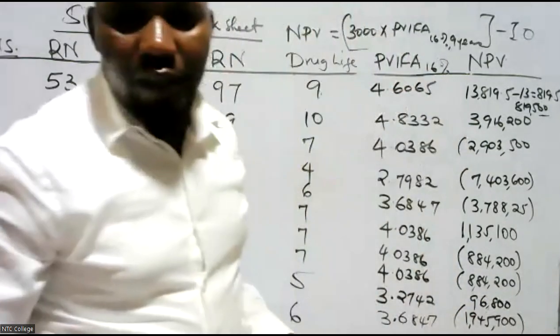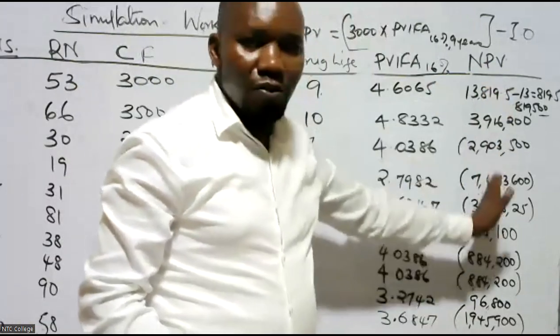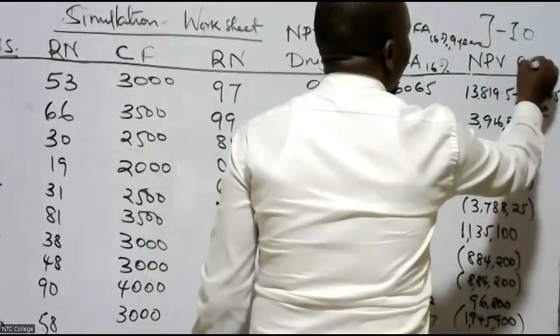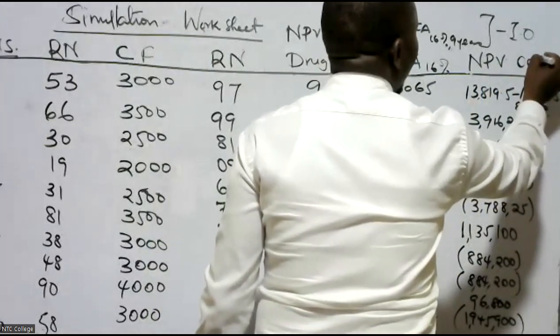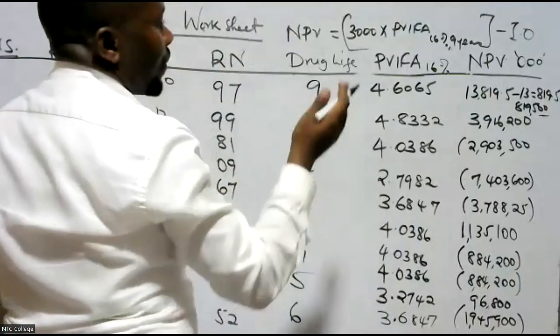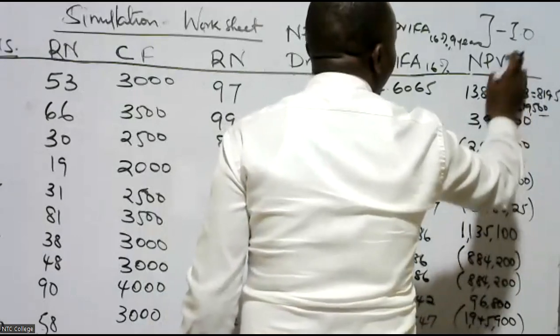Now, one thing that you need to understand, because now you're getting the full figure, under NPV, if you decided to have them in thousands, show here that they are in thousands. Or if you leave them the way they are, then that means that you are given the full figures.